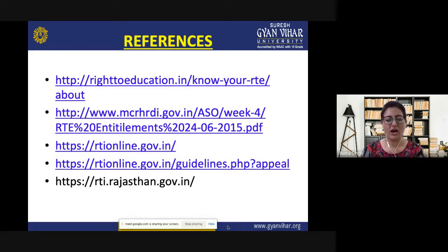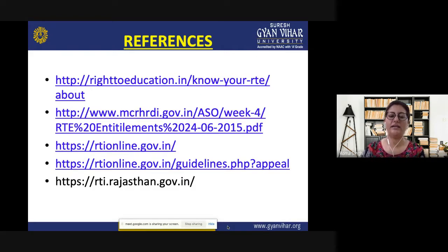So this is how we have learned today about the Right to Education Act and the Right to Information Act, which is very important for us to know, because we as citizens have certain rights which we should exercise. These are certain references which you can go through.